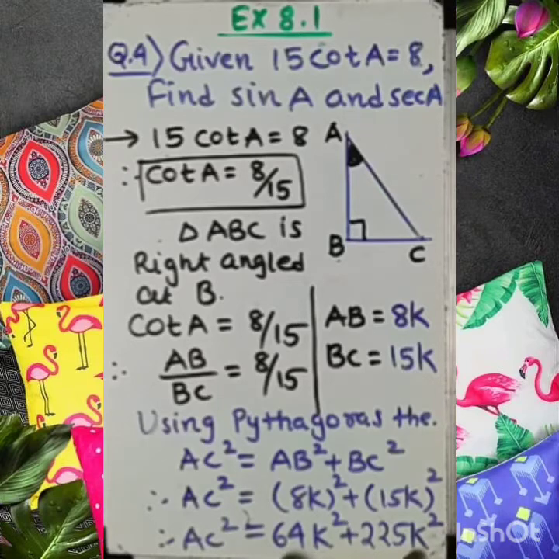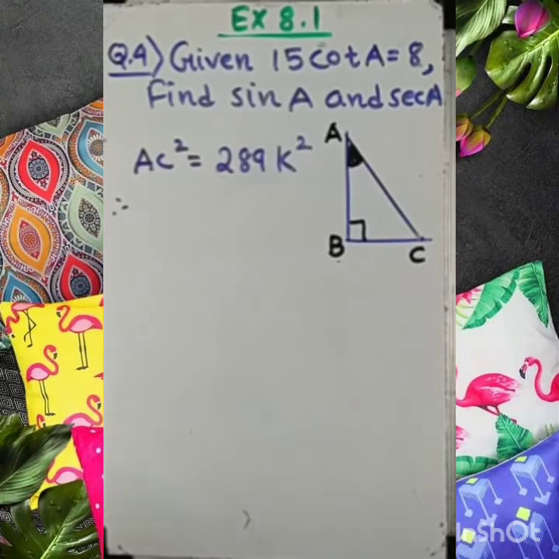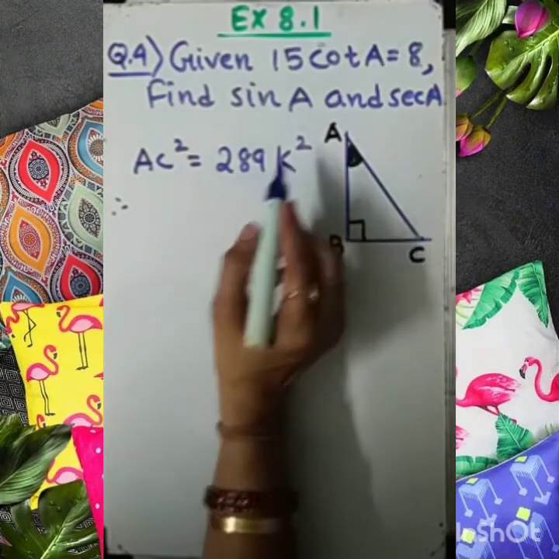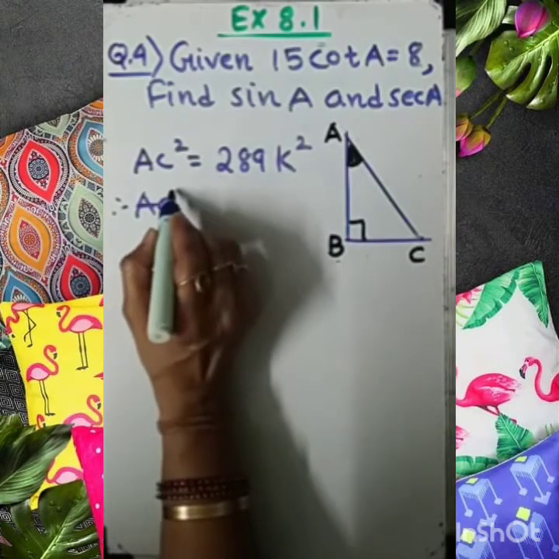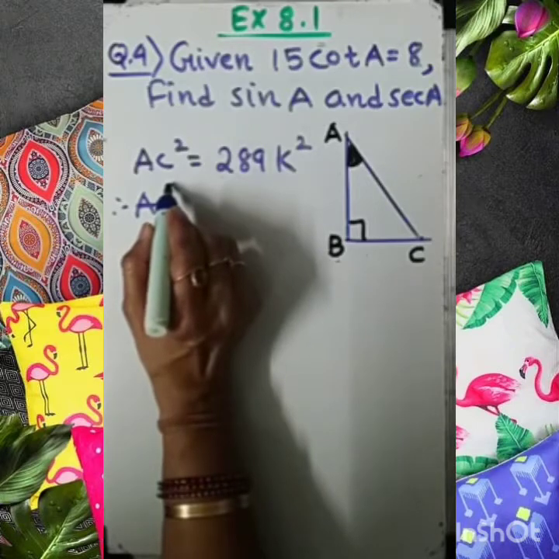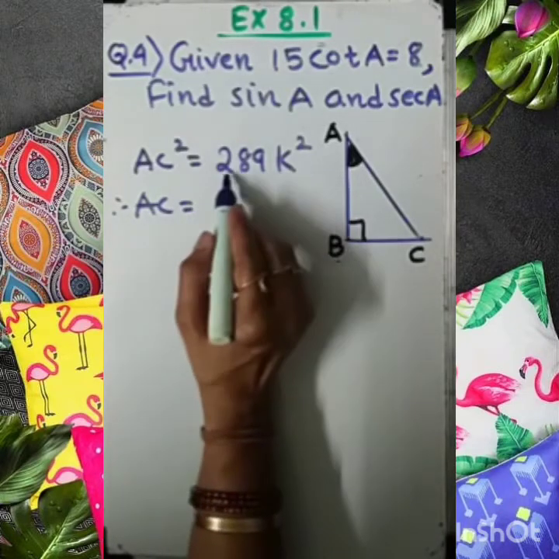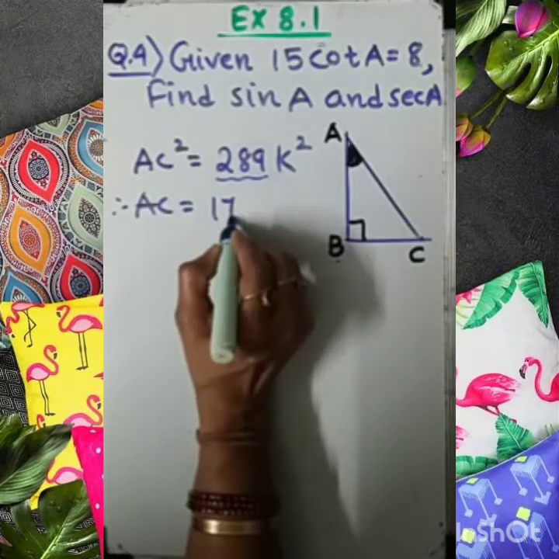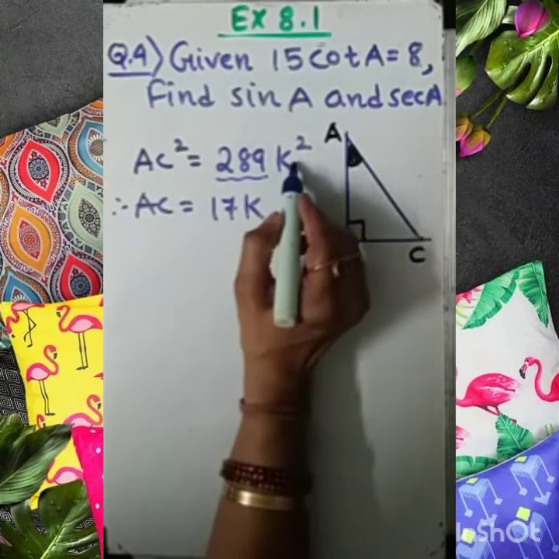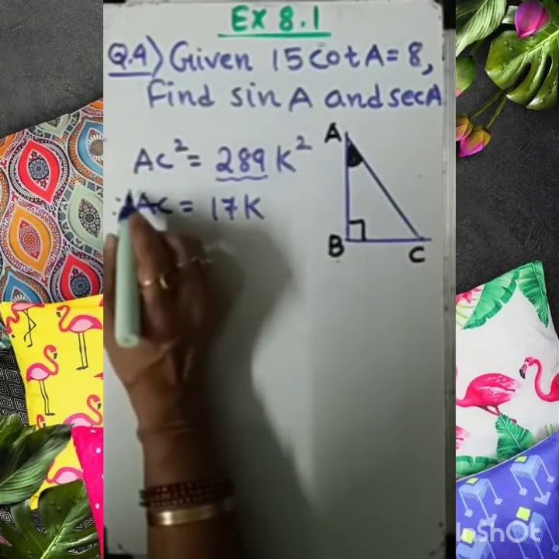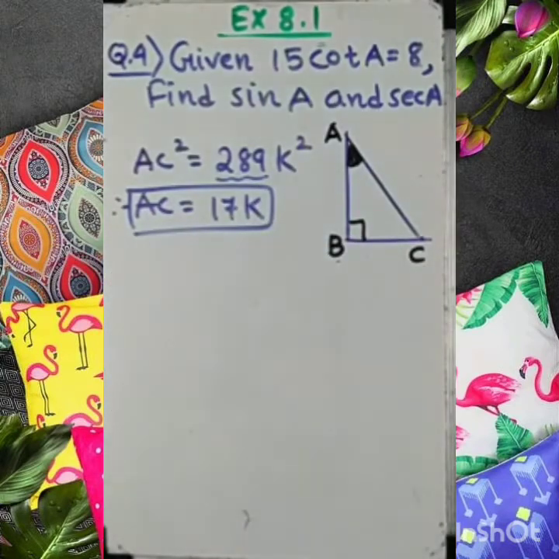Both of these terms are like terms, so we need to add them. The sum is 289K square. So AC square equal to 289K square. If I remove the square, 289 is a perfect square of 17 and K square is a perfect square of K. So finally the value of AC is 17K.